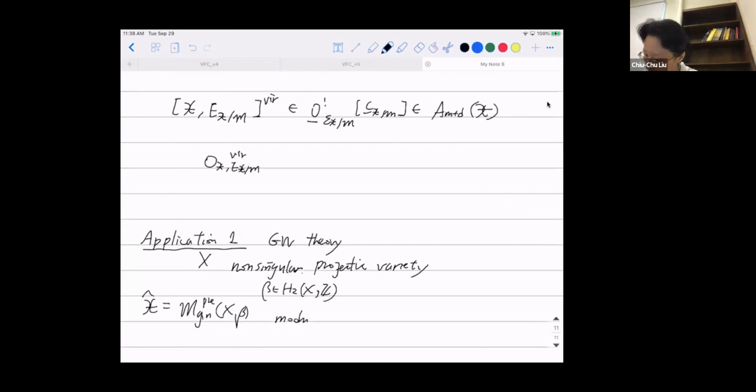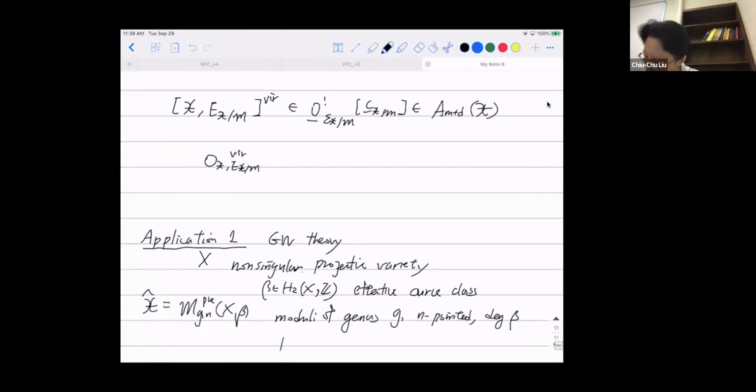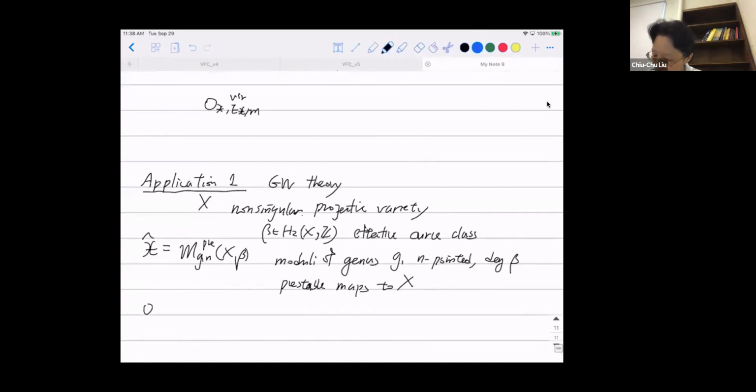We consider the moduli of genus g, m-pointed, degree, let's say effective curve class, pre-stable maps to X. So this is some category over the category of schemes.